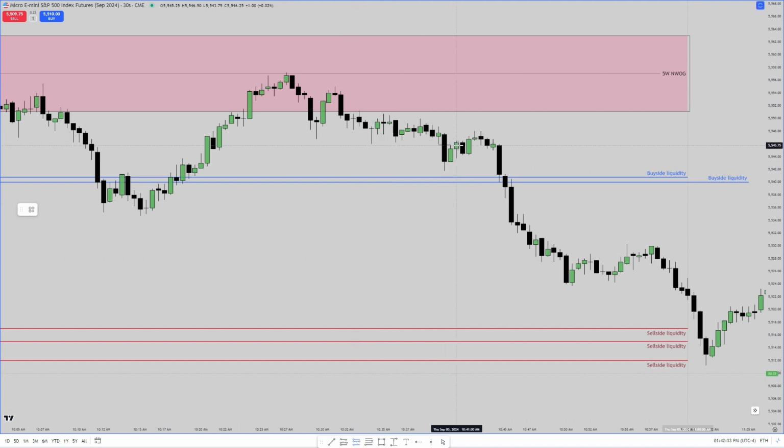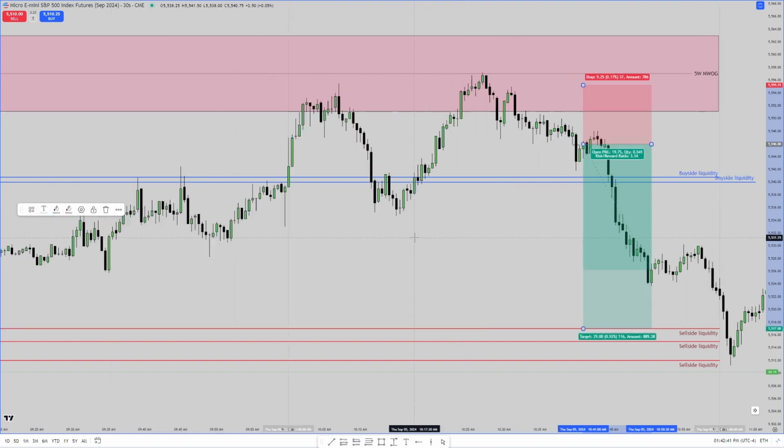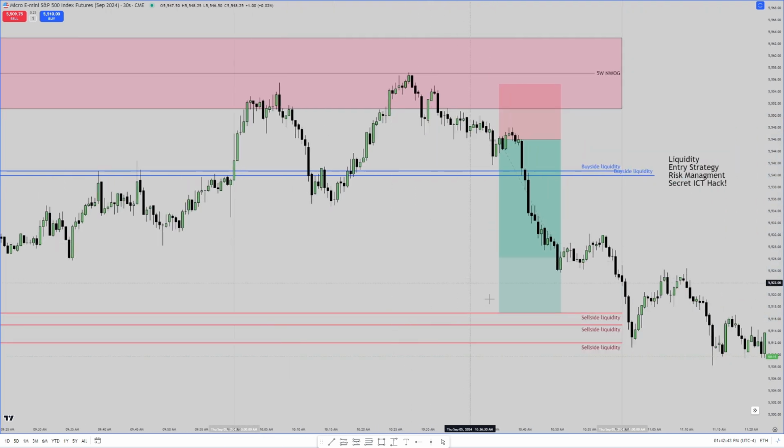So if I enter a trade right there, and I hold for sell side liquidity, I can take a partial. This is part of my risk management plan, is I like to take partials. So if I have 3 contracts or 5 contracts, however many, you have to have at least 2.